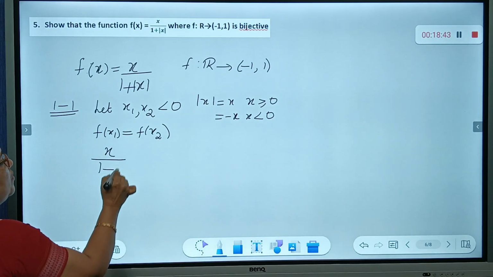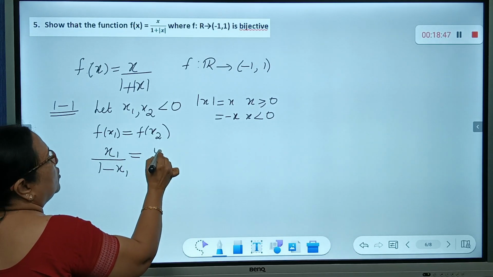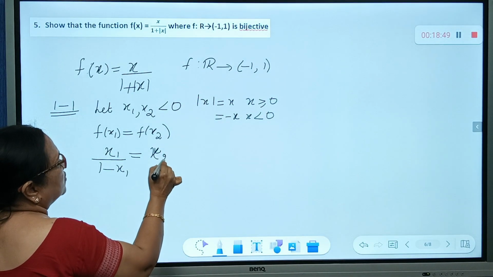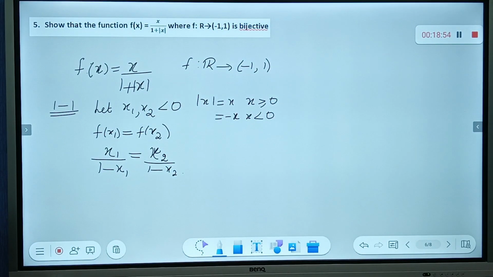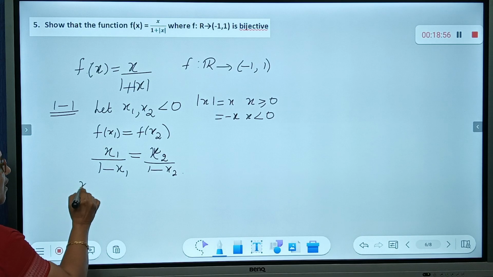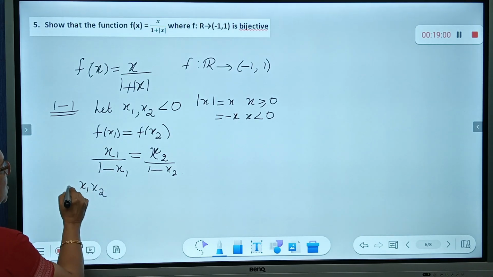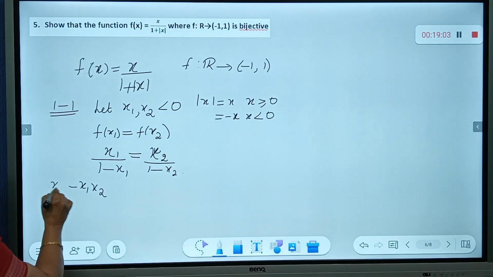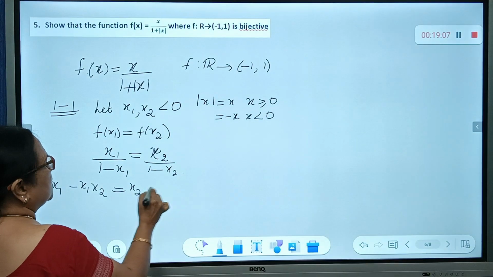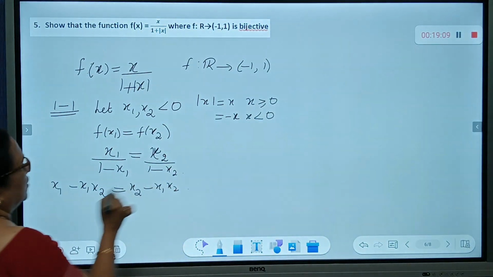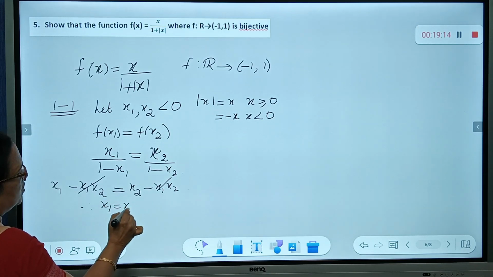Minus x. 1 minus x1 equal to x2 by 1 minus x2. So, cross multiplying, I will get x1 minus x1 x2 equal to x2 minus x1 x2. Therefore, x1 equal to x2.